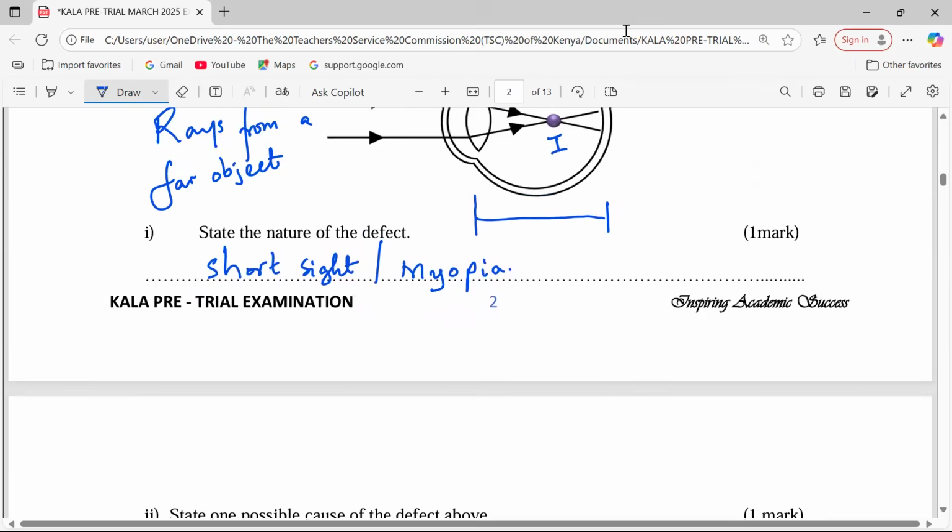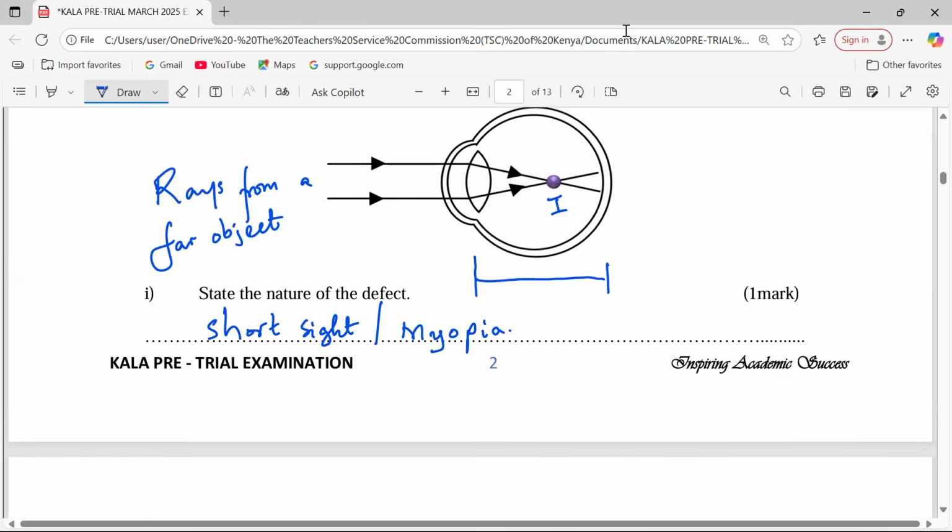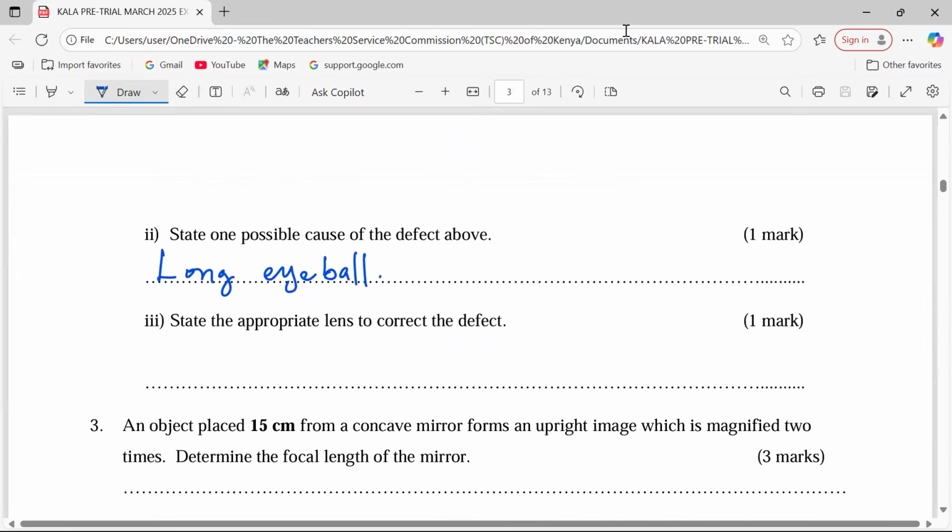Another possible cause is a short focal length of the eye lens.